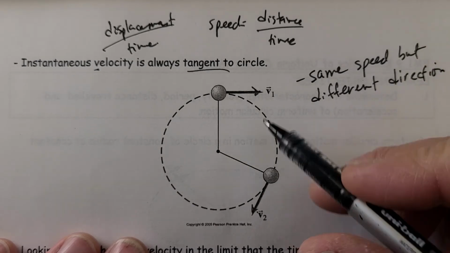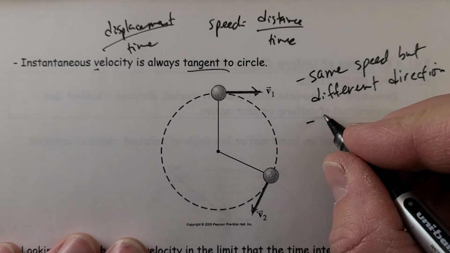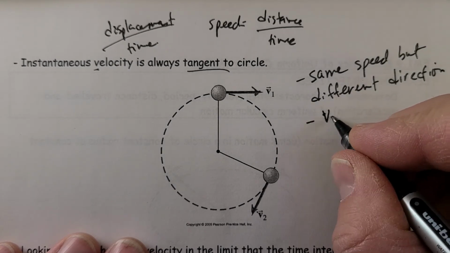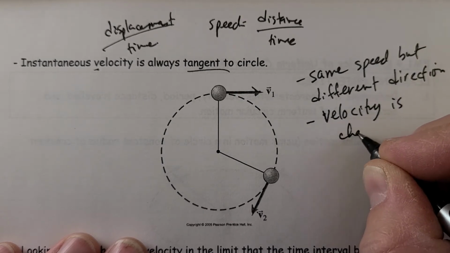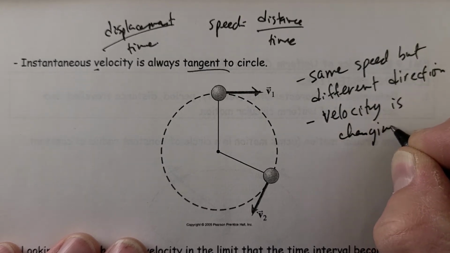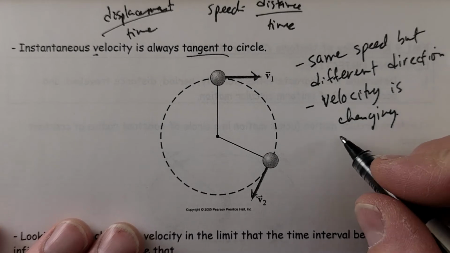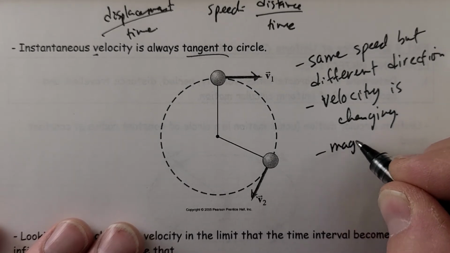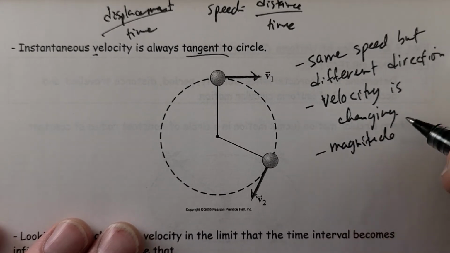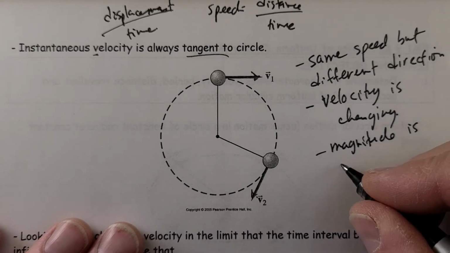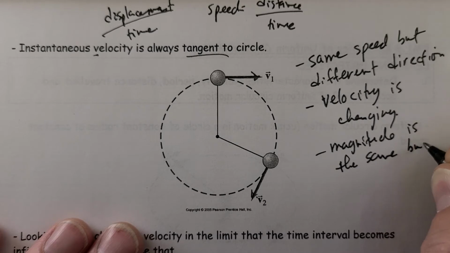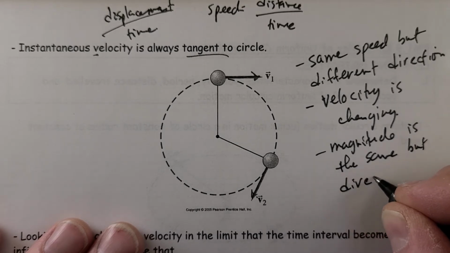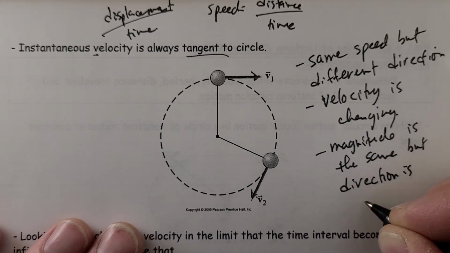So the speed is the same, but velocity is changing. Now it's not the magnitude that's changing. The magnitude, the size of this velocity, is the same, but direction is changing.